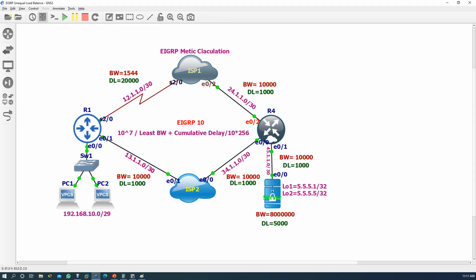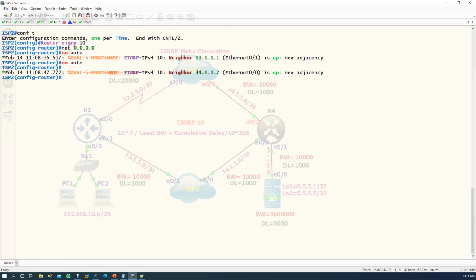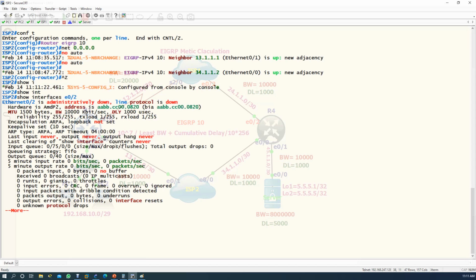Okay, ISP2 E0/2. So come here, ISP2, interface E0/2. What is the bandwidth? 10,000. I have already written here. Same here, Ethernet, so bandwidth will be same, right?